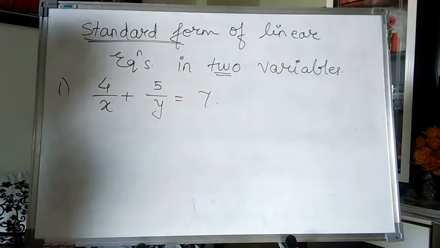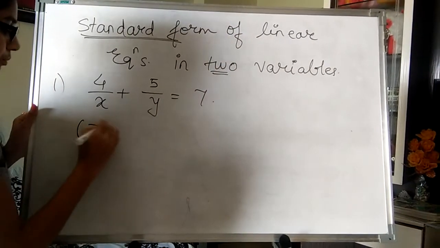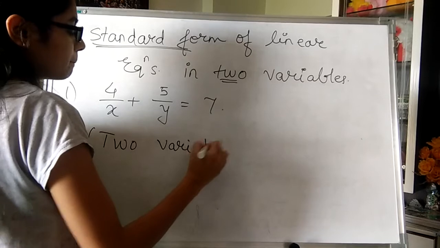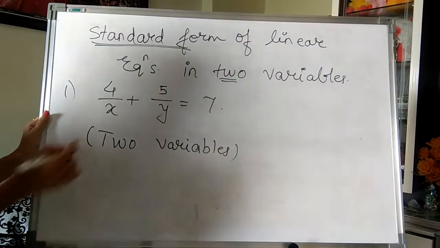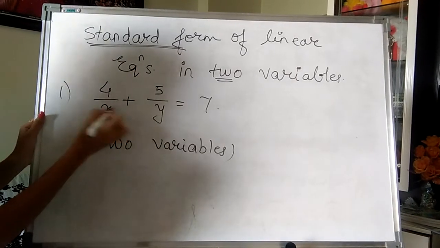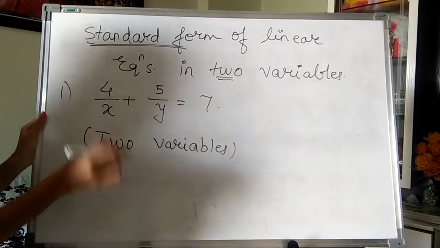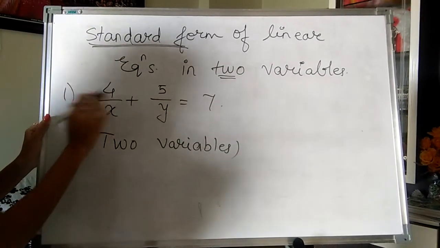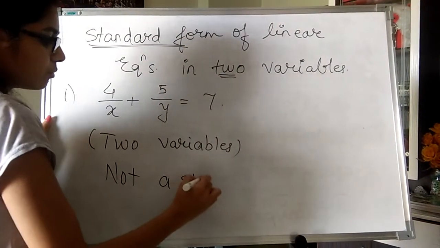Now as you can see, how many variables are there in this equation? 2 variables. But is it the standard form? No, because x is in the denominator here, and y also works as a denominator. We need x and y both as numerators, but here they both are denominators. So this is not the standard form.